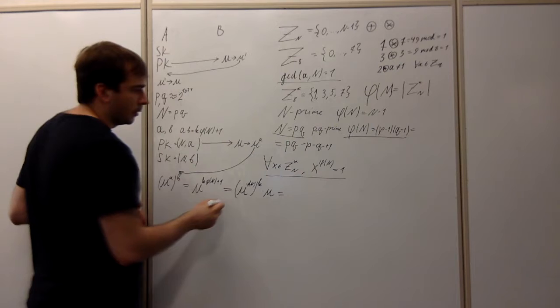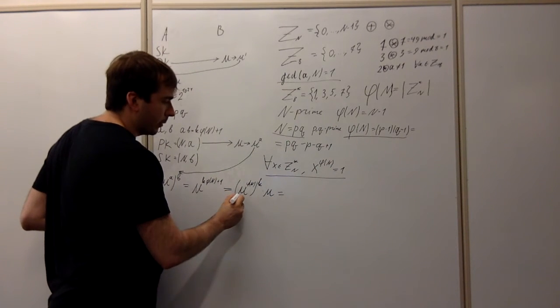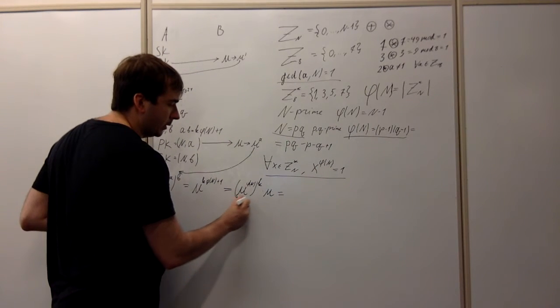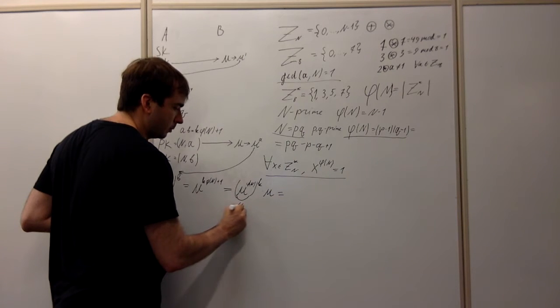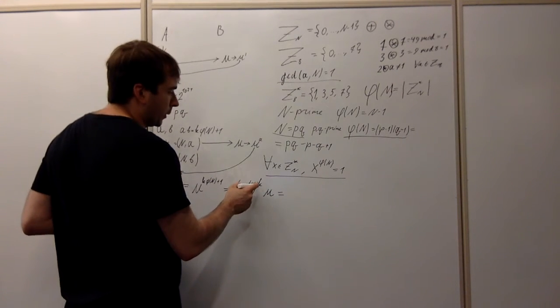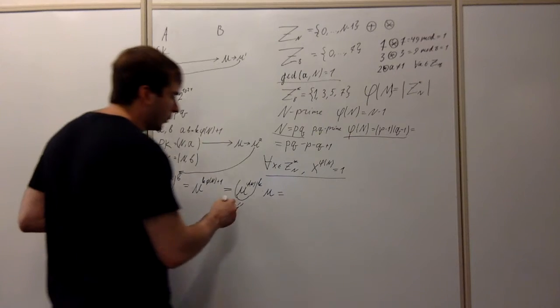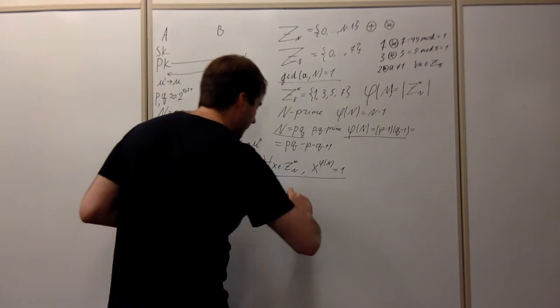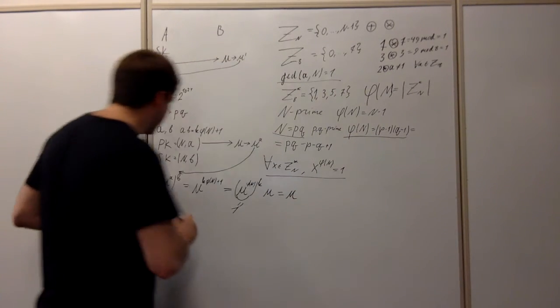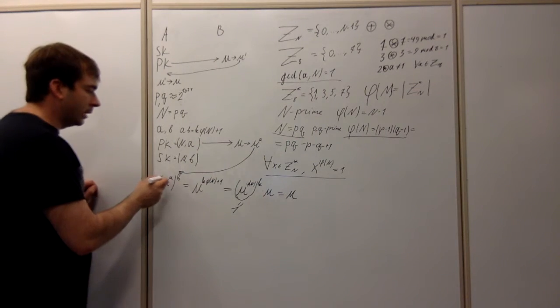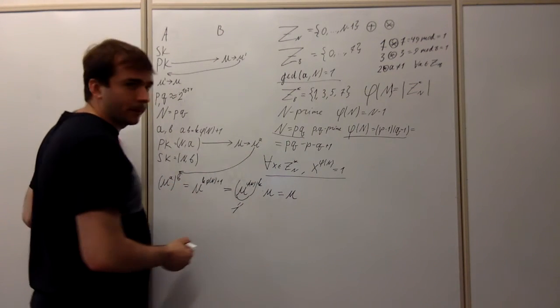As we remember from the Fermat-Euler theorem, m to the power phi of n is equal to 1. And 1 to the power k is also 1. And 1 multiplied by m is m. So after raising m to the power a into the power b, you get m back.